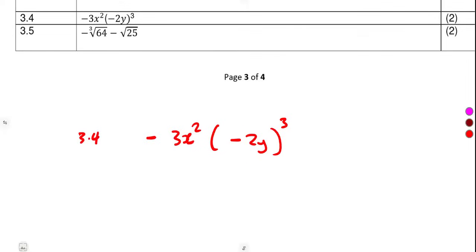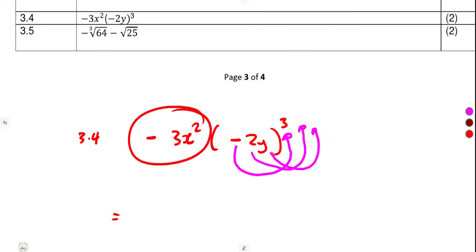Only that part. So what does it mean? It means everything in this bracket must be raised to the exponent of 3. We must see a negative being raised to the exponent of 3. We must see 2 being raised to the exponent of 3. y being every term. Every term.